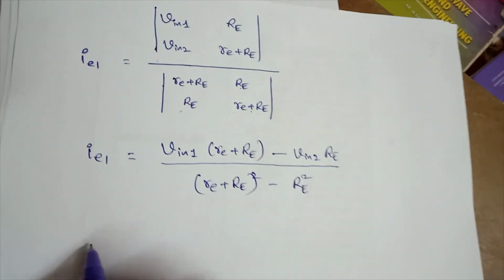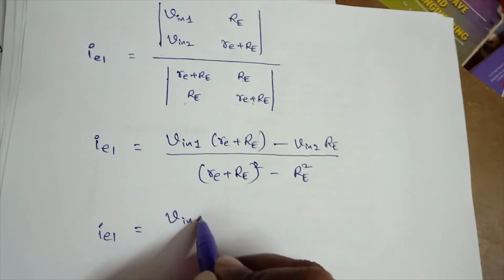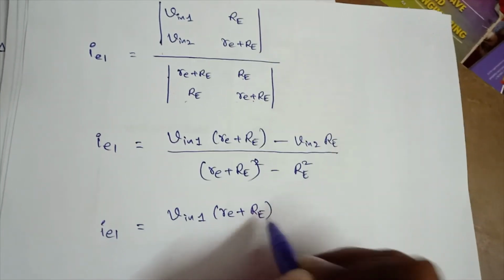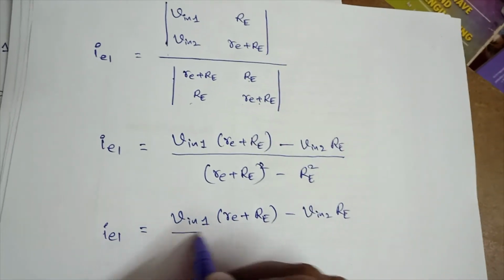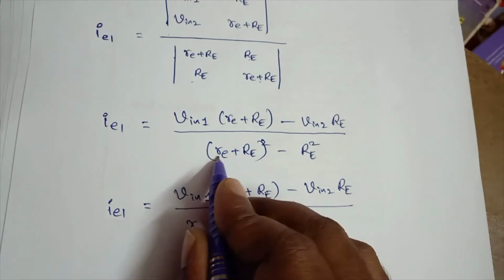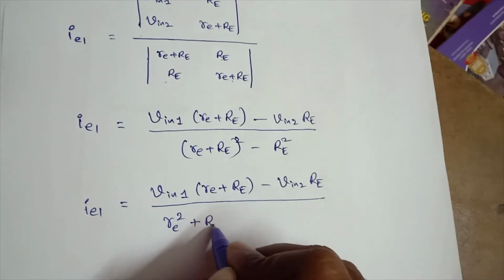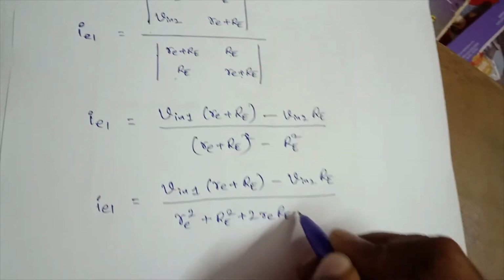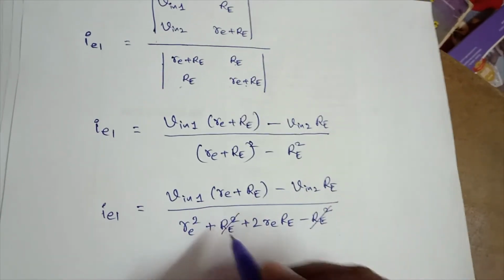Okay, so IE1 is equal to Vin1 into (small re plus capital Re) minus Vin2 into capital Re, divided by, so this denominator term becomes (Re plus capital Re) whole square, that is nothing but small re square plus capital Re square plus 2 into small re into capital Re, minus capital Re square. Capital Re square minus capital Re square get cancelled.